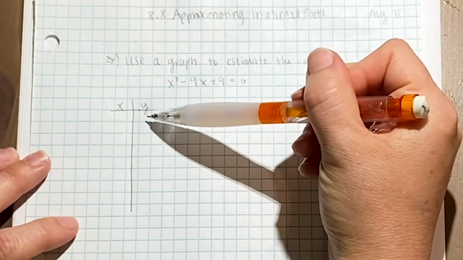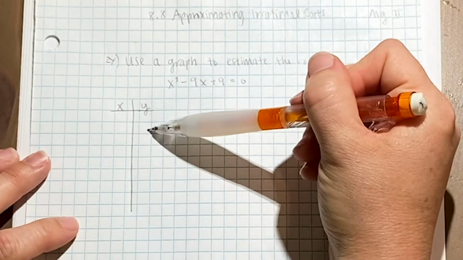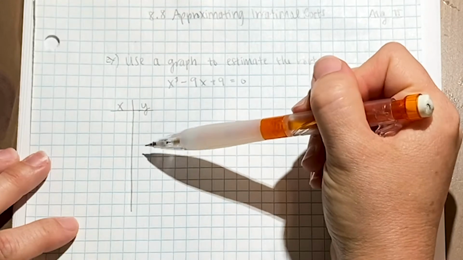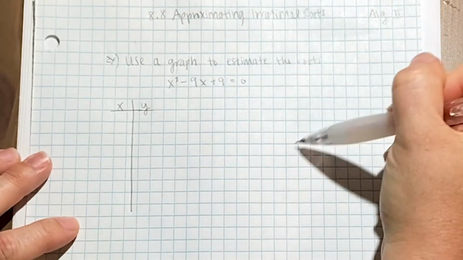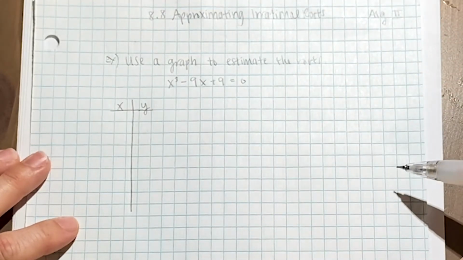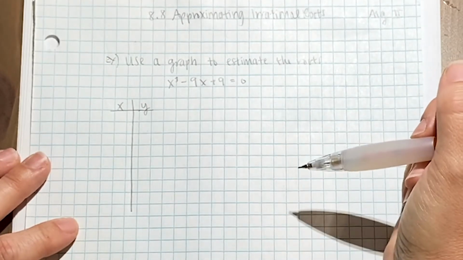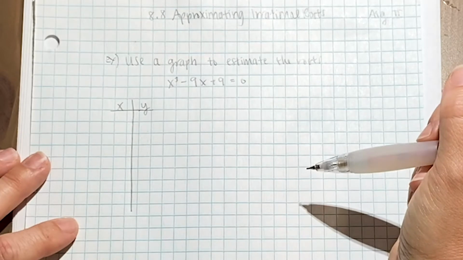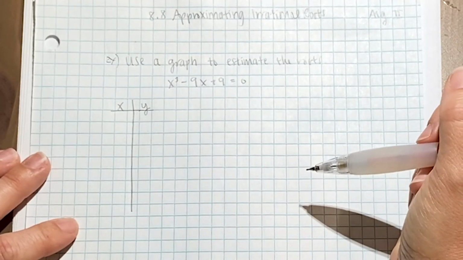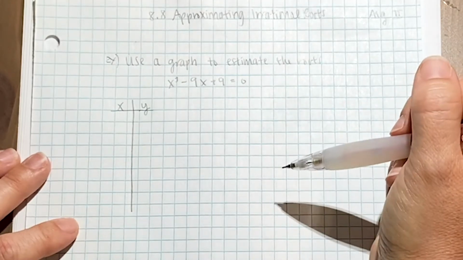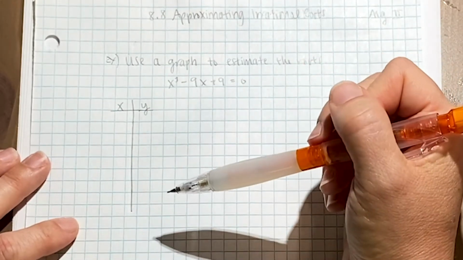When a y value on a table is changing from negative to positive and positive to negative, those are places we're going to be crossing back and forth across the x-axis. We are particularly interested in those spots, the places where it's crossing the x-axis. So if you're scrolling through a table trying to decide which x values you want to use, pay attention to the places where the y value is changing.